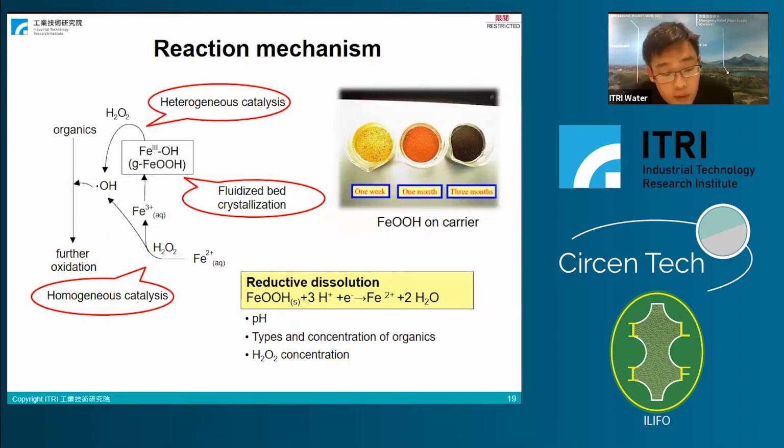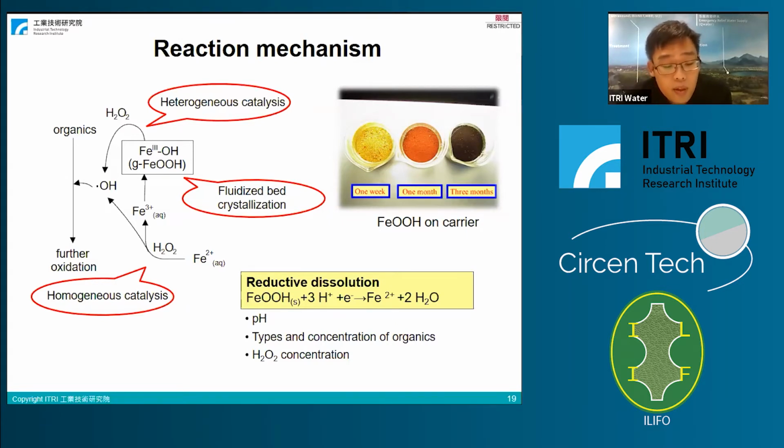The FBR-Fenton is similar to conventional Fenton method. They also have a homogeneous reaction for producing hydroxyl radicals, but the carrier has heterogeneous reaction of iron oxide to produce hydroxyl radicals.